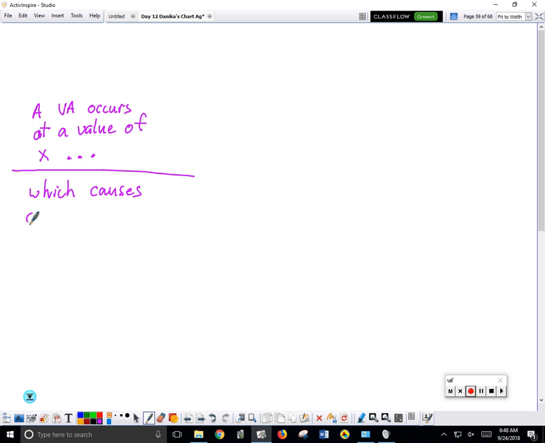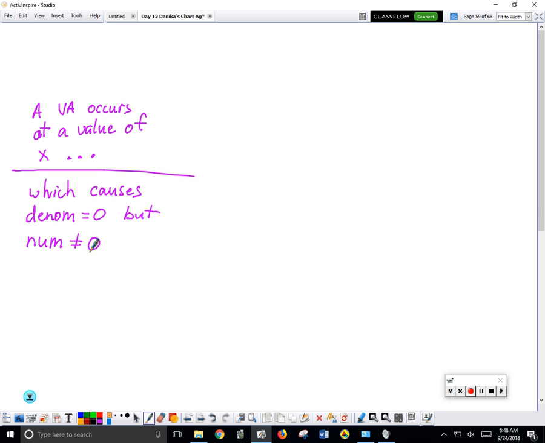The vertical asymptote occurs at a value of x, dot, dot, dot, flip the card over, which causes the denominator to equal 0, but the numerator to not equal 0.